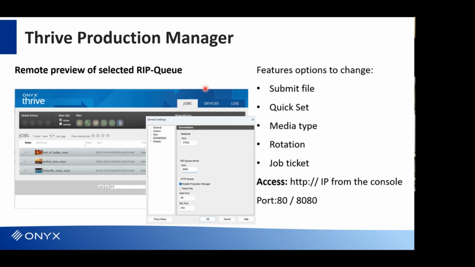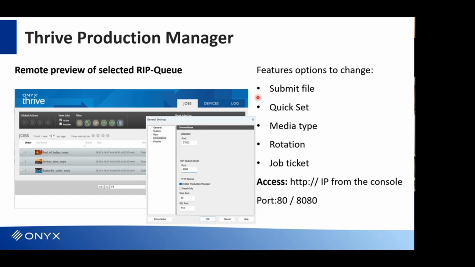So someone who is doing supervision of the print shop can connect with the IP from the consumer IP number, which is showing the control, and see what's going on in the RIP, and additionally can drop the files, change the quick set, submit the file, rotate the file, and change the job tickets for a RIP and a production.